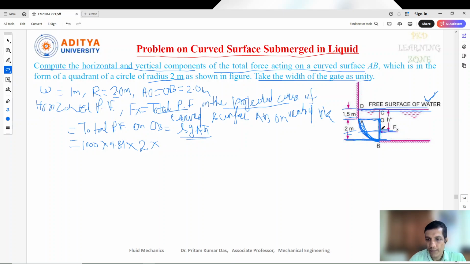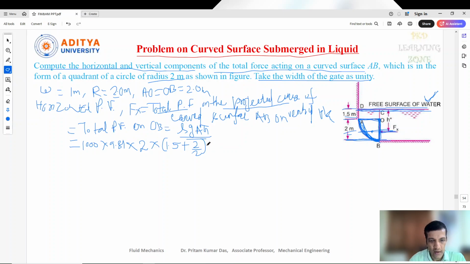The h bar is the distance from the free surface to the center of gravity of this curved surface. We know the total height from the free surface is 1.5, plus the height of this curved surface divided by 2, that is 2 by 2.